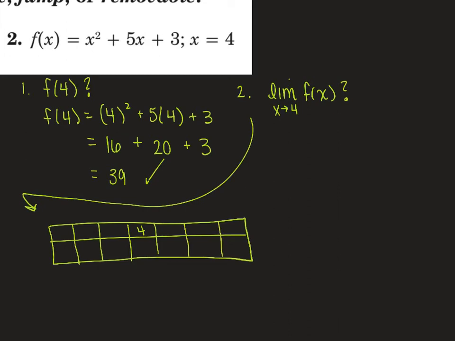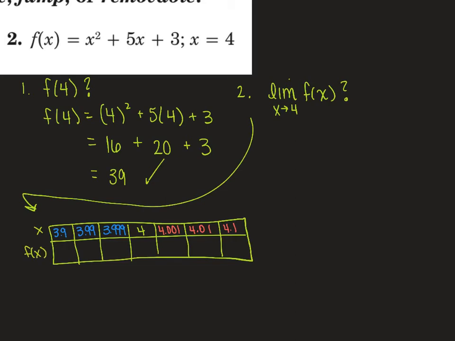So coming from the left-hand side, we can start at 3.9, then we can do 3.99, and we can do 3.999, getting much closer to 4. And on the right-hand side, we could start at maybe 4.1, 4.01, 4.001. All right, so remember these are our x's, this will be our f of x.